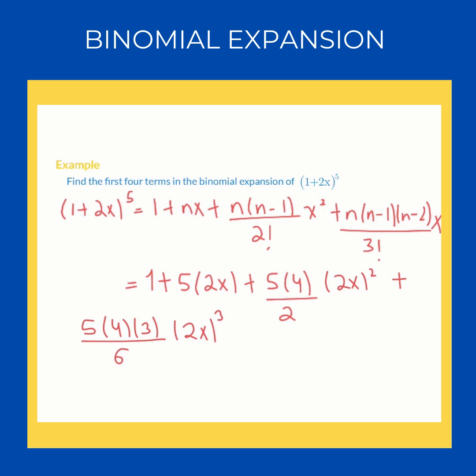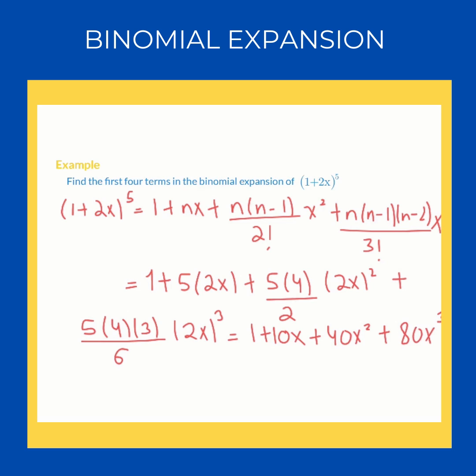And this is equal to 1 plus 10x. Now, 5 times 4 over 2 is 10, times 2x squared, is equal to 40x squared, plus 5 times 4 times 3 over 6 times 2x all of it cubed is equal to 80x cubed.